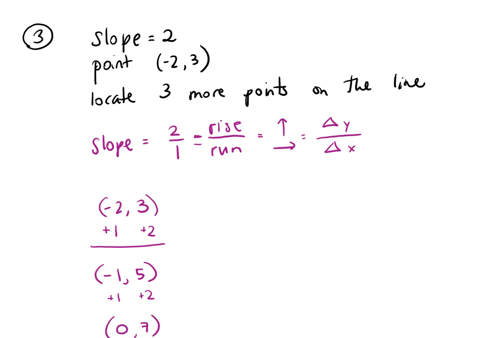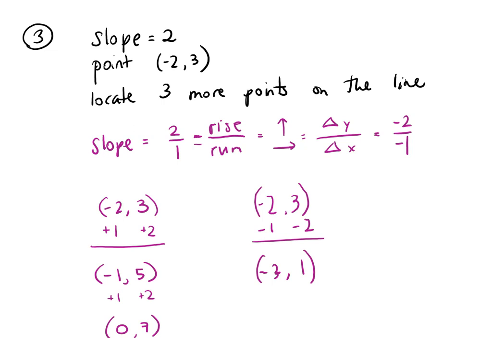Or alternatively, I could start at this point and say, I don't want to go up, I want to go backwards. So if I had the fraction 2 over 1, that's the same as -2 over -1, right? So I'm going to subtract 1 from my x values and subtract 2 from my y values. I'm going to get (-3, 1).